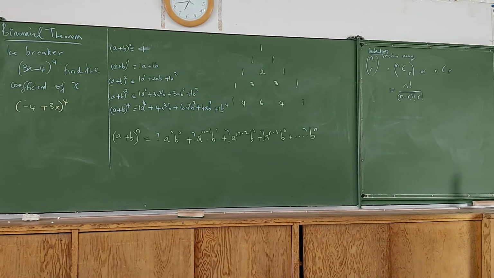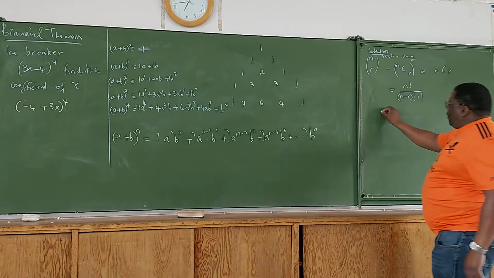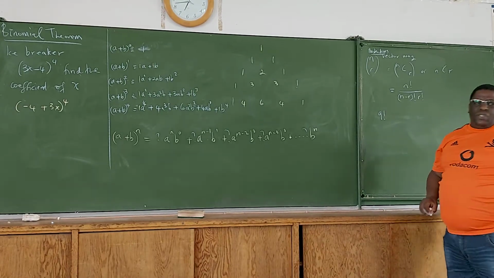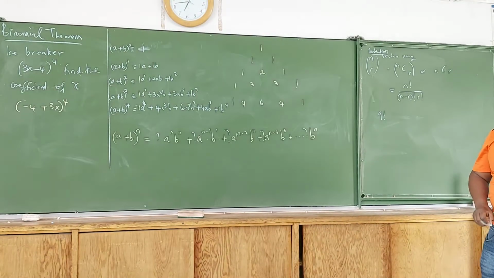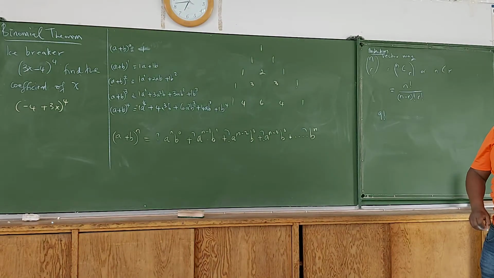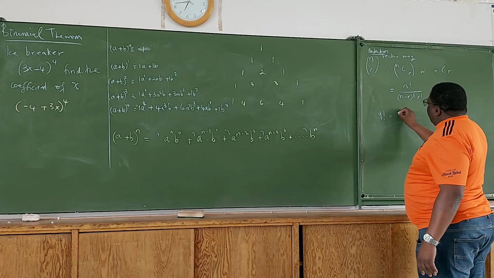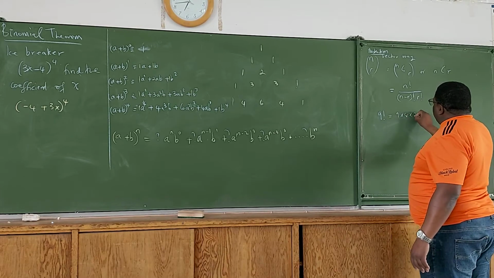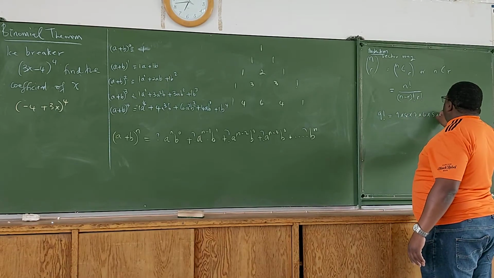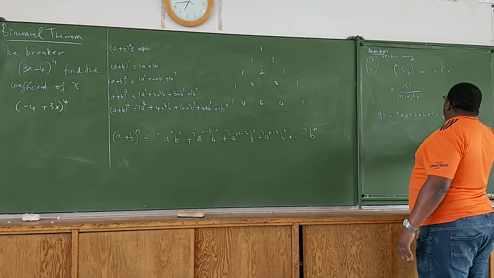In your book, they start with calculating things like factorial 9. What does it mean? It just means 9 times 8 times 7 times 6 times 5 times 4 times 3 times 2 times 1.